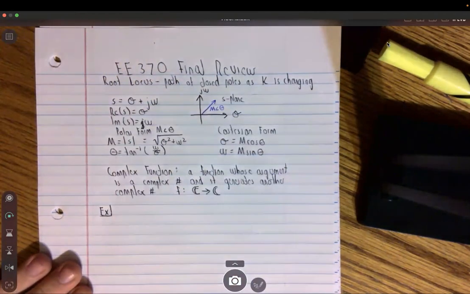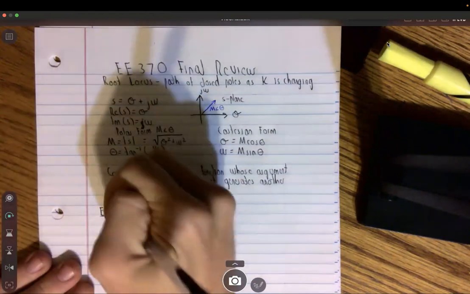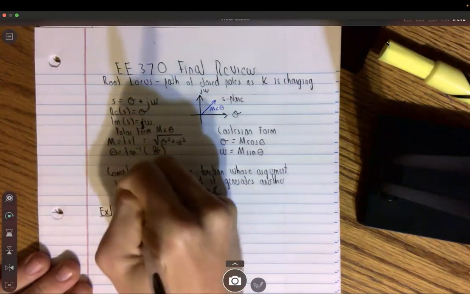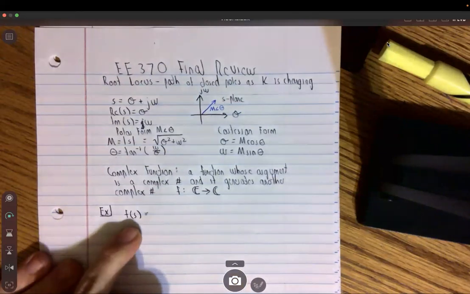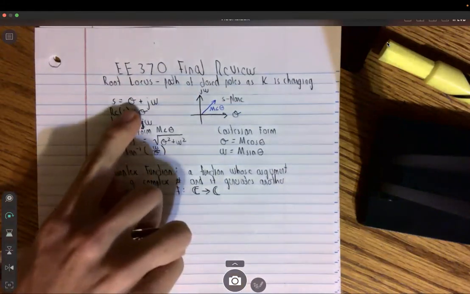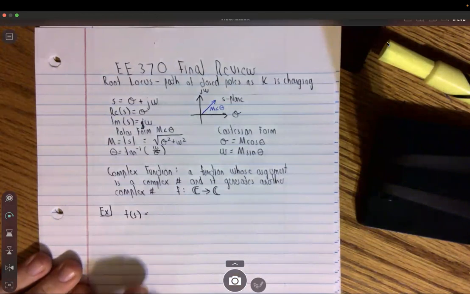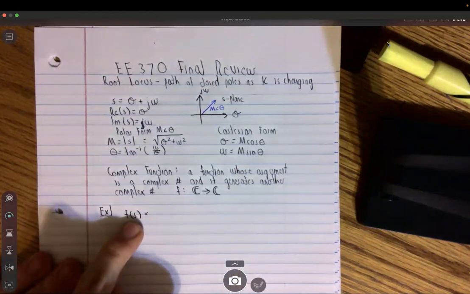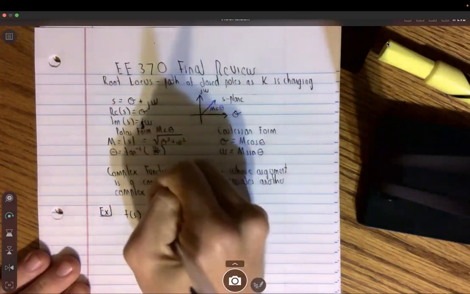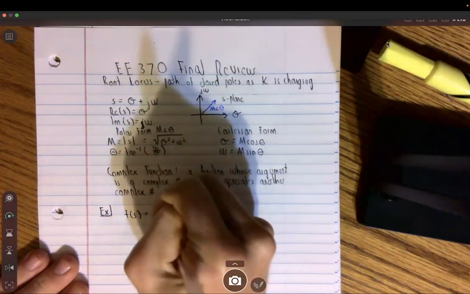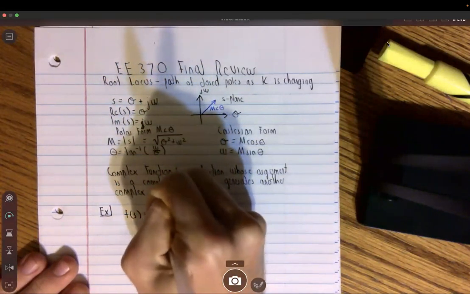For this example, we're going to have a complex function f of s. Notice that s is complex because it has a real part and imaginary part. This is a complex function because it's a function of s, and it's defined as s plus 1 all over s times s plus 2.